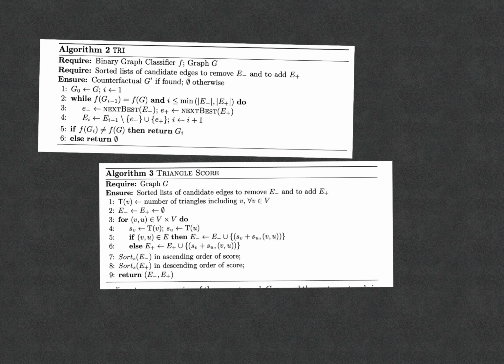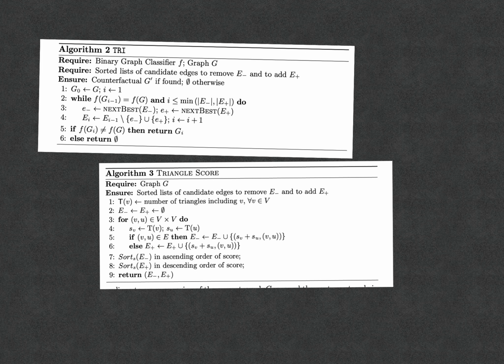And you can see that this removal and adding is performed so as to again flip the output with this counterfactual. To score the edges, they focus on the number of triangles that include a certain node. So, for example, if you go over the possible edge between V and U, you get the number of triangles that V is a part of, the number of triangles that U is a part of. If there is currently an edge between V and U, then you want to know if this is going to be a candidate for the removal of such an edge.